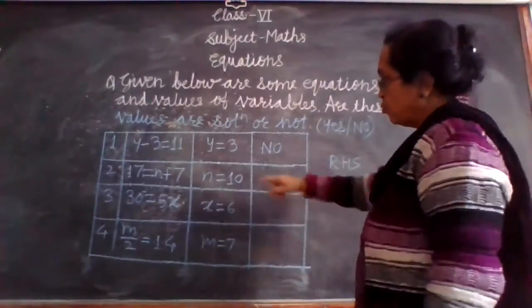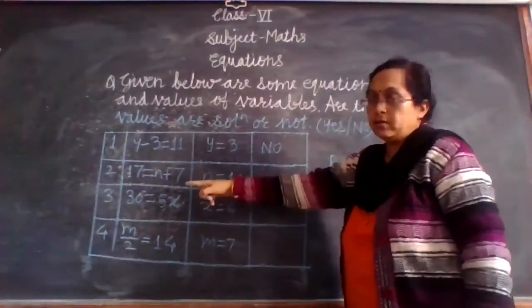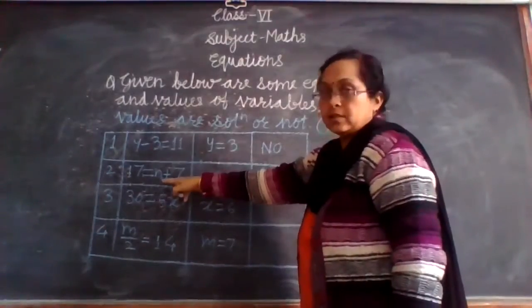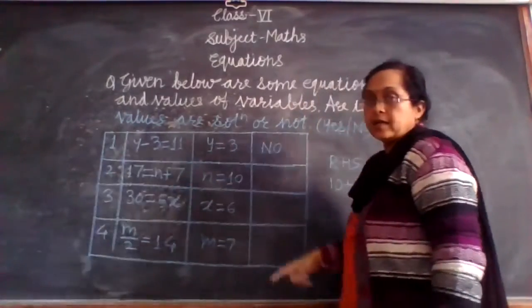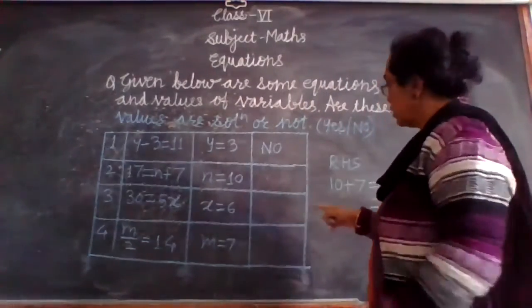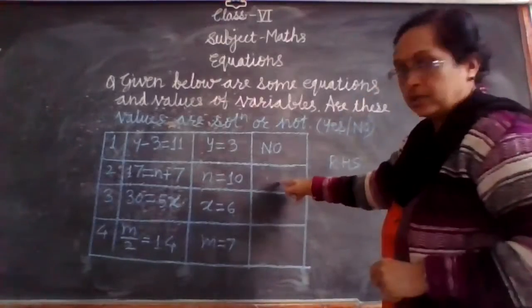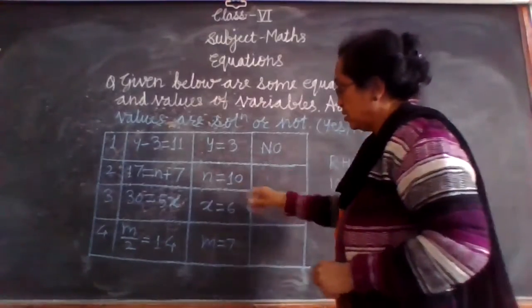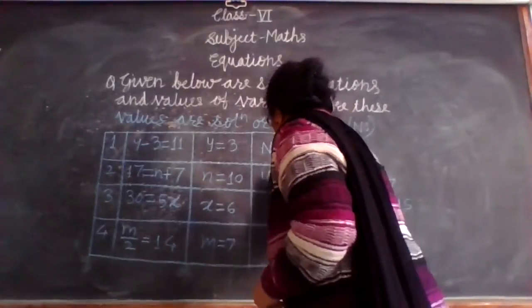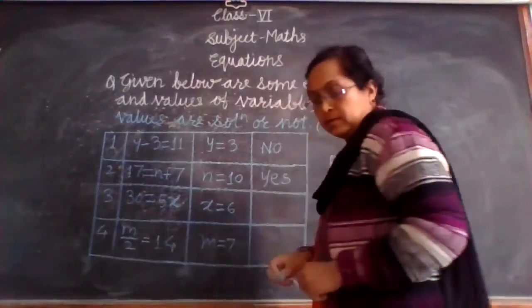Whenever by putting that value we get the same answer, that means left hand side and right hand side are balanced, and that is called the solution. So here we can say yes, this is the solution for the equation. So you will write yes here.